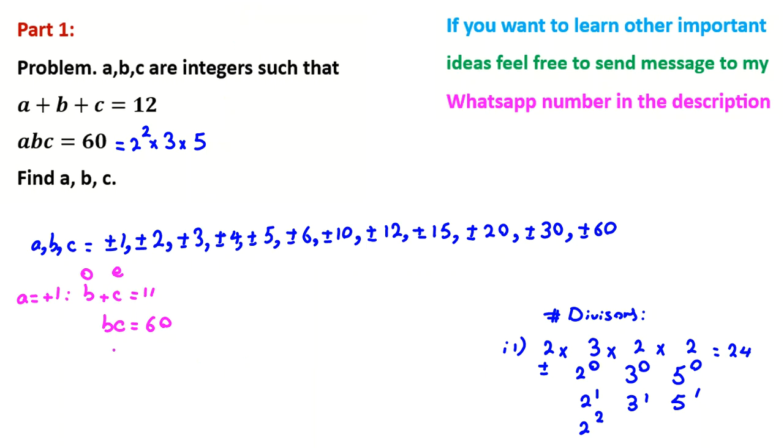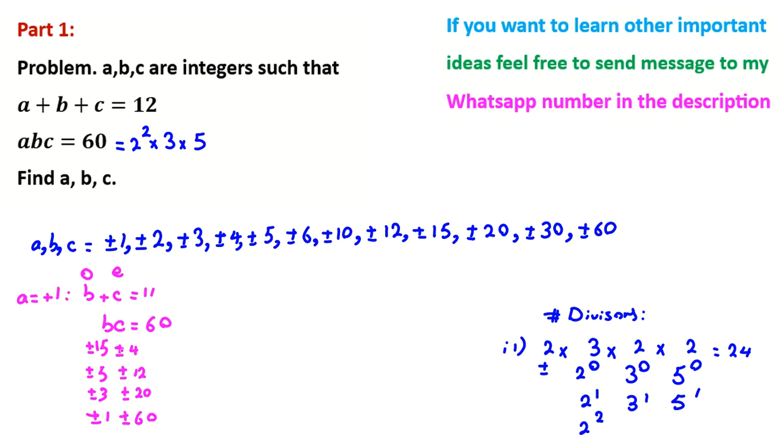So c should be plus or minus 4, 12, 20, or 60. When it's plus or minus 4, b is plus or minus 15; then plus or minus 5, plus or minus 3, plus or minus 1. So do we have any case where b plus c equals 11?